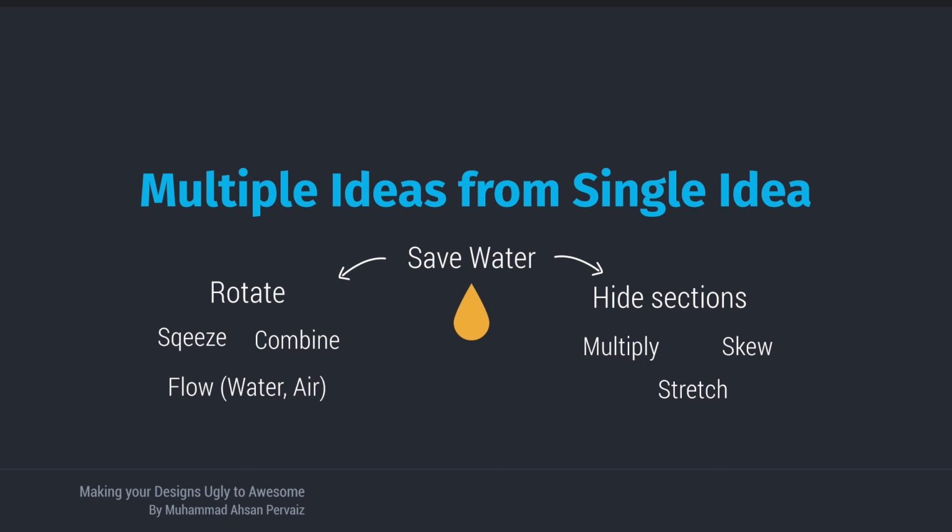For example, one is water, one is save. For saving, you can show a hand, or you can show a child's mouth with the water drop dripping into his mouth, something like that. This is how you create different ideas. Start from a single idea and apply all those different things on it, and you will have a lot of ideas.